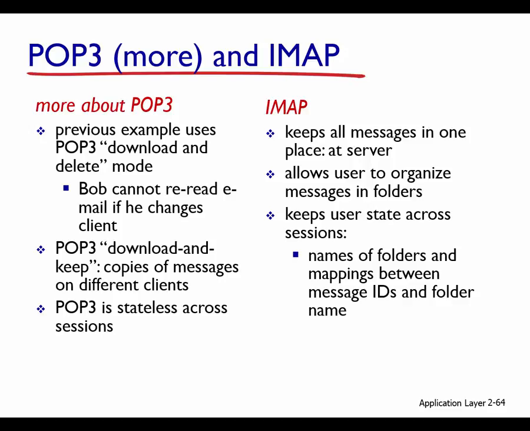It allows users to organize messages in folders, so you can have folders on the server, and you can also have folders on the client machine as well. And it keeps the user state across sessions, such as the information about the folders and which messages were saved in which folders. So every time you go back again, all that information stays the same.